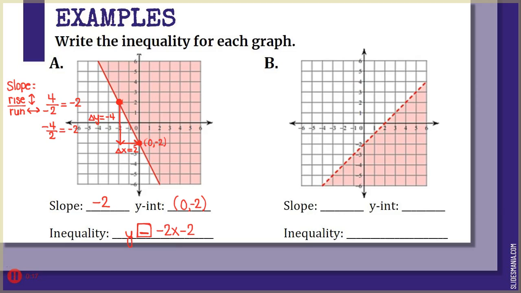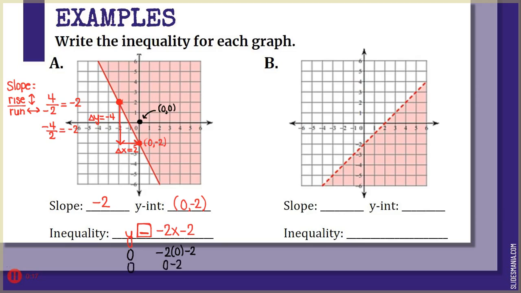I'm going to choose (0, 0). Because (0, 0) is in the shaded region, this ordered pair should make our inequality true. So if I substitute in a 0 for y and a 0 for x, this should make the inequality true.